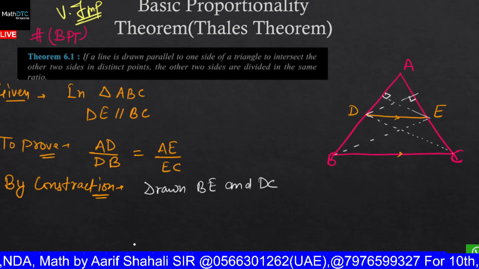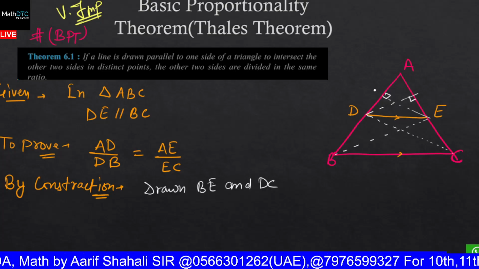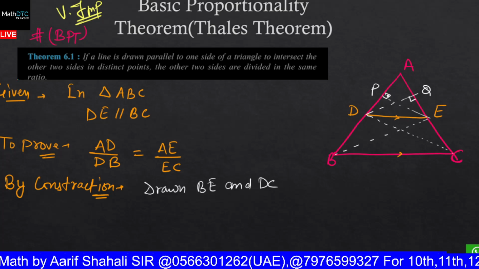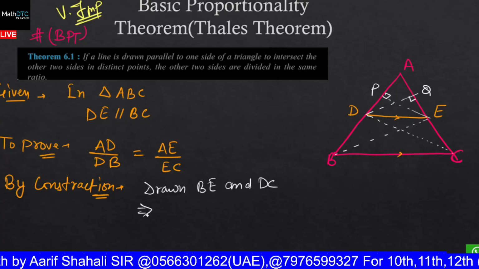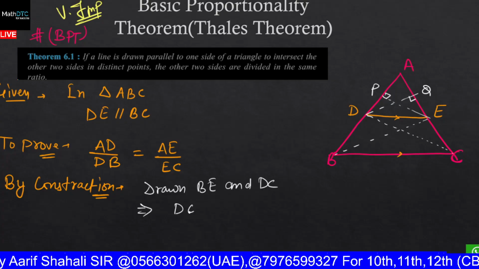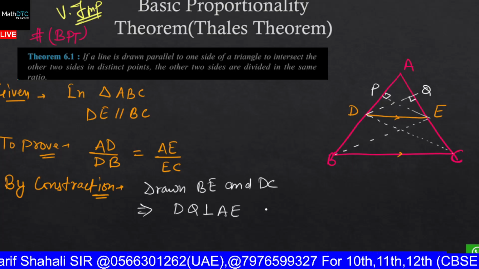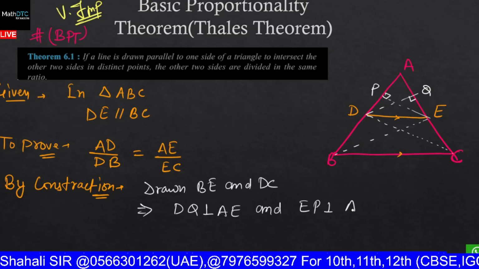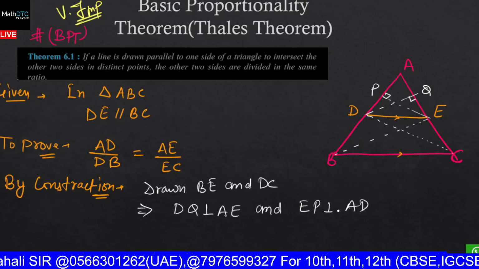Let me call this point P and this point Q. So I write one more thing: DQ is perpendicular to AE, and EP is perpendicular to AD. Now you have to write down till here first.